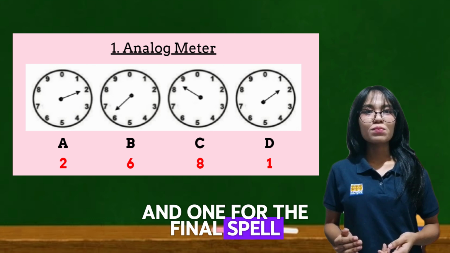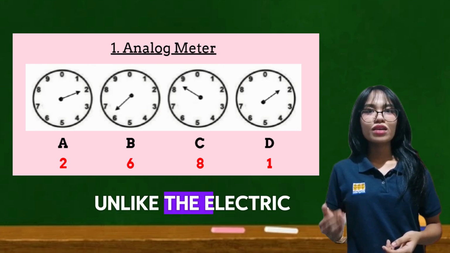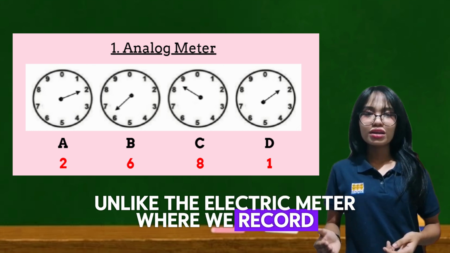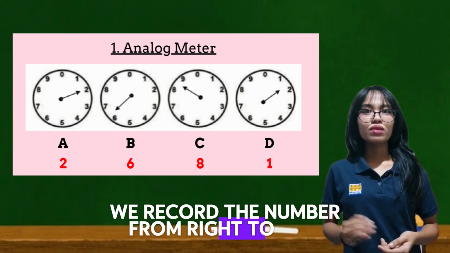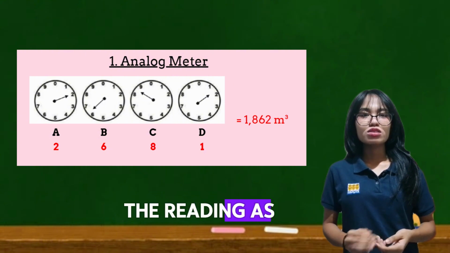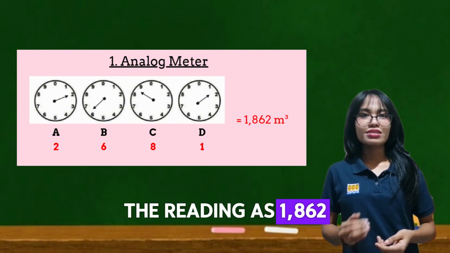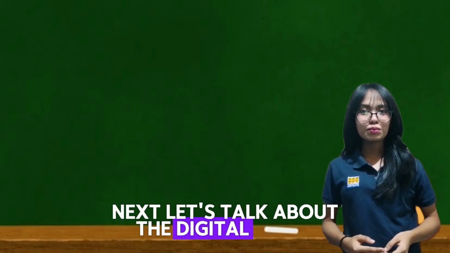For the final step, unlike the electric meter where we record it as it is, we record the number from right to left. Therefore, from this illustration, the reading is 1,862 cubic meters.